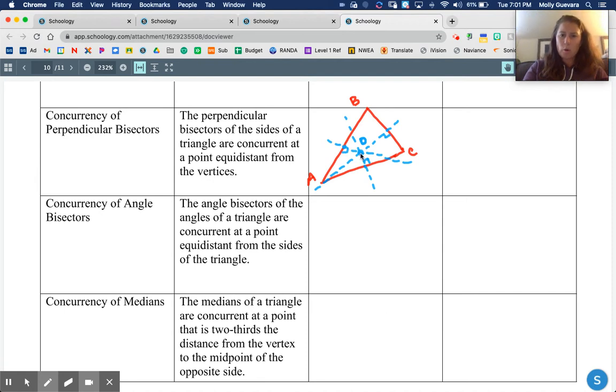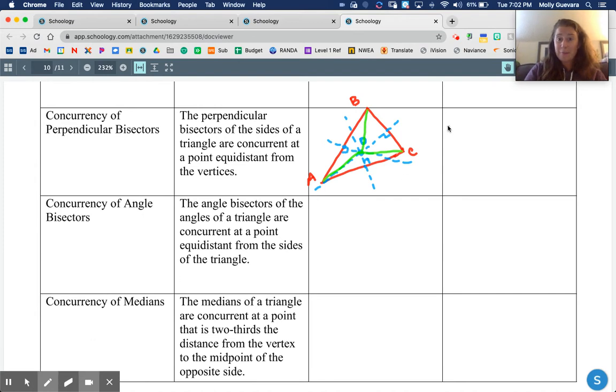So this point, which is from the perpendicular bisectors, is equidistant to the vertices. So this distance right here from B to D and from C to D and A to D are all the same length.